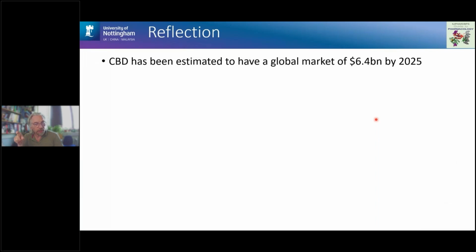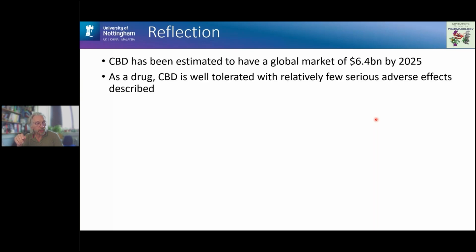So if we reflect on CBD and its overlap between medicinal and non-medicinal use, I think one of the things that's apparent is that there's a huge market for it. The consumption is widespread in all sorts of spheres across all sorts of countries. It's anticipated to reach a multi-billion stage by 2025.